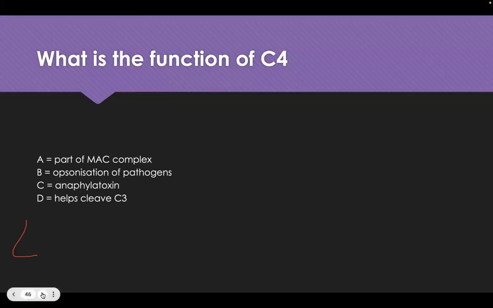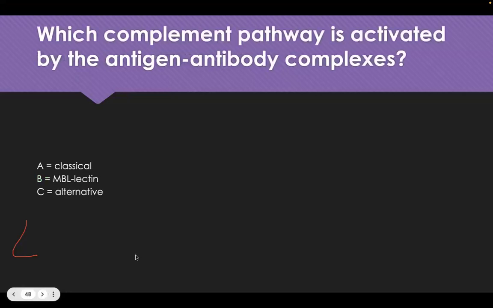So what is C4? So C4, opsonization of the pathogens. Okay. Which complement pathway is activated by the antigen antibody complexes? Now, I spoke about them only very briefly at the end.